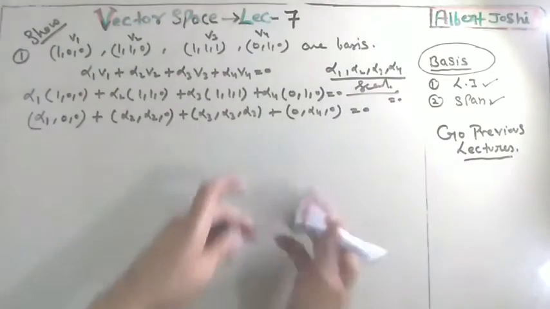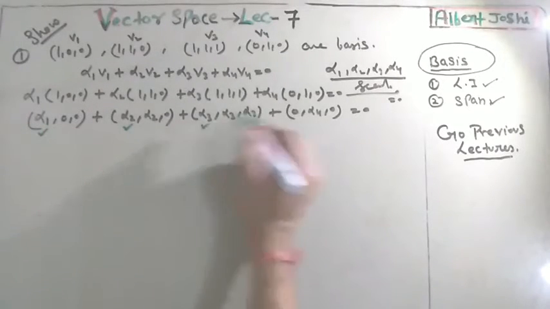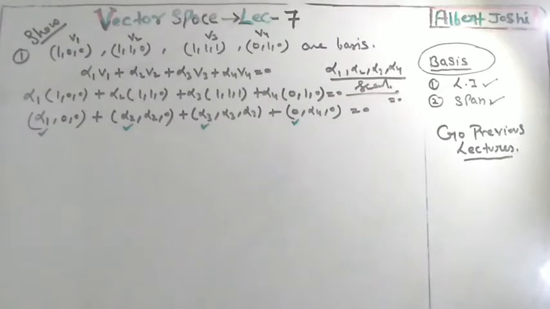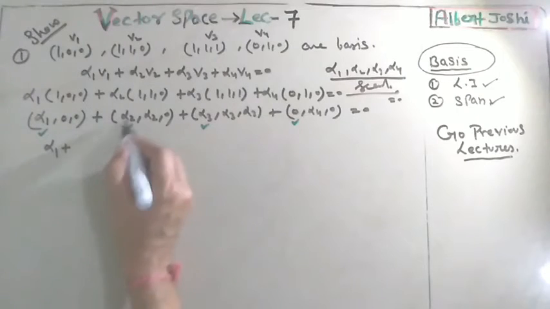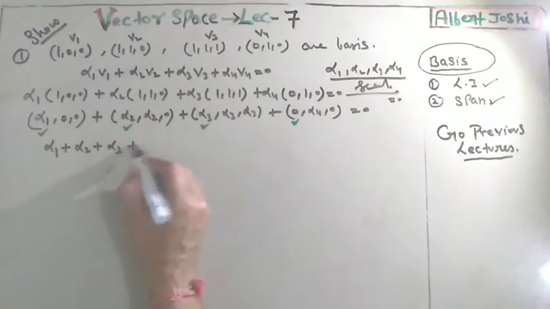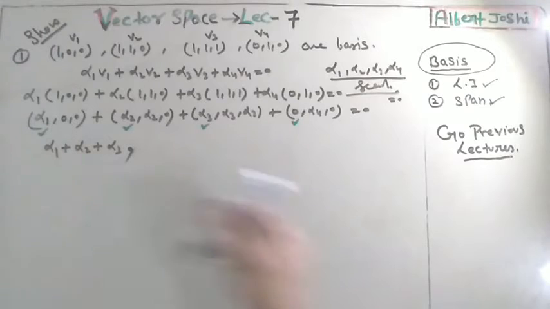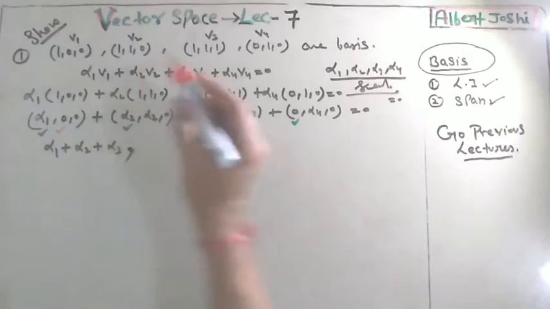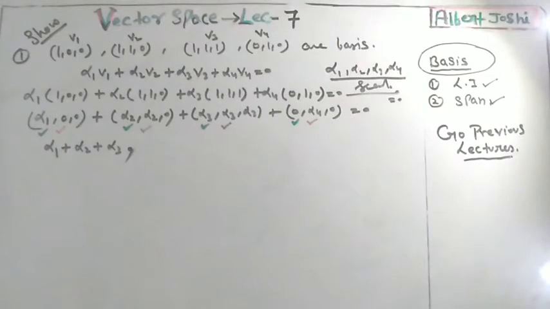Now all the first components will be added. So we write alpha 1 plus alpha 2 plus alpha 3 plus 0, then a comma. Now take the second components.